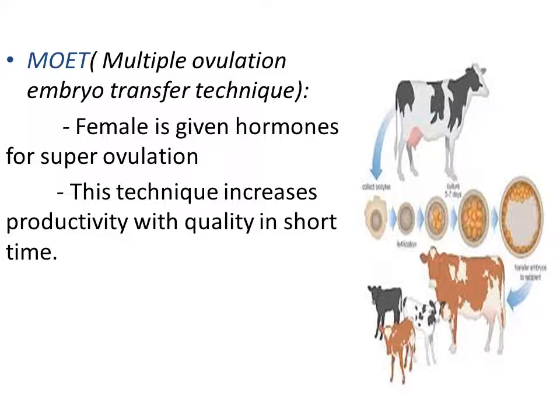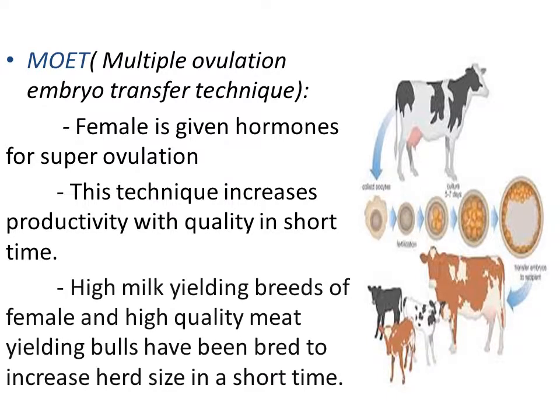It can be done in different kinds of domesticated animals, for example in sheep, rabbit, buffalo, and commonly in cattle. In MOET, they select parents having the following characters: a high milk yielding female and a high quality meat yielding bull are bred to increase the herd size.